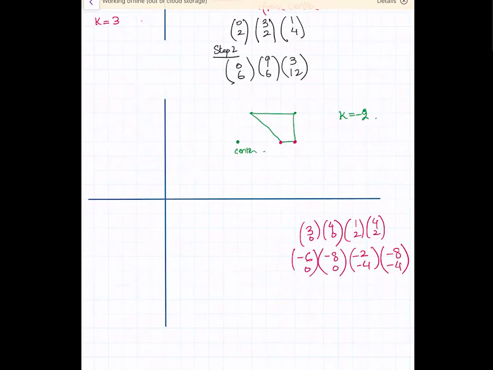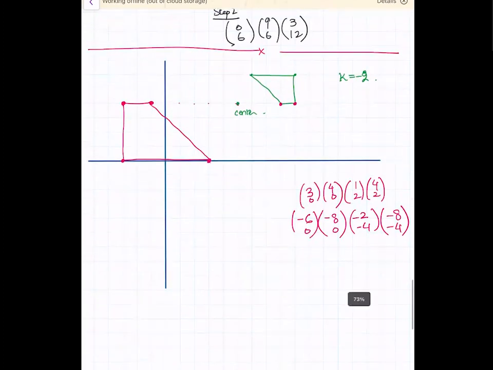So -6, 0 would mean 3 and 3, 6. 6 and -8, 0. -2 and then -4. -8, 4 and -4 and then -4. So you can see when the scale factor is negative, the image is also inverted. So it's an inverted image here.